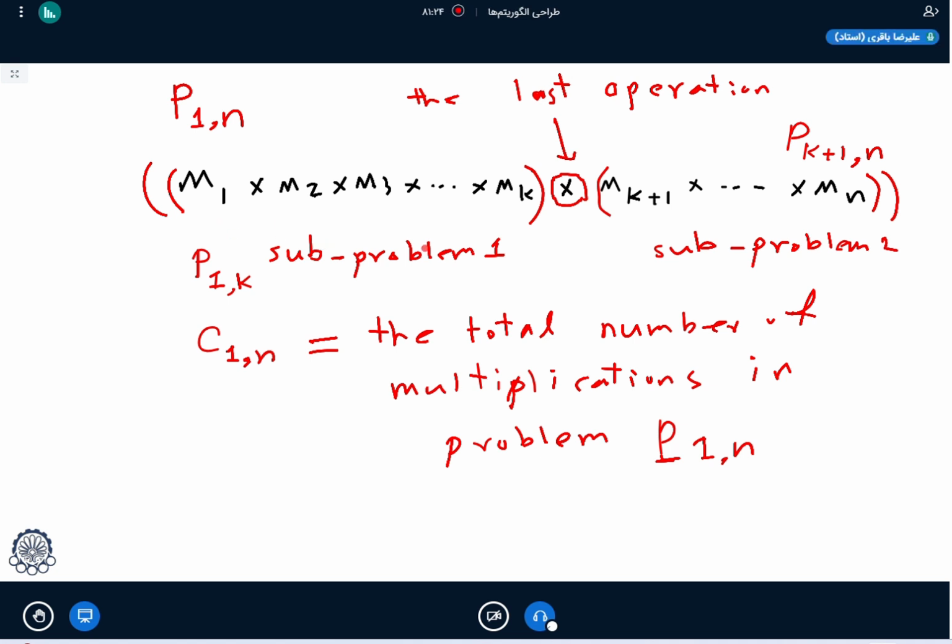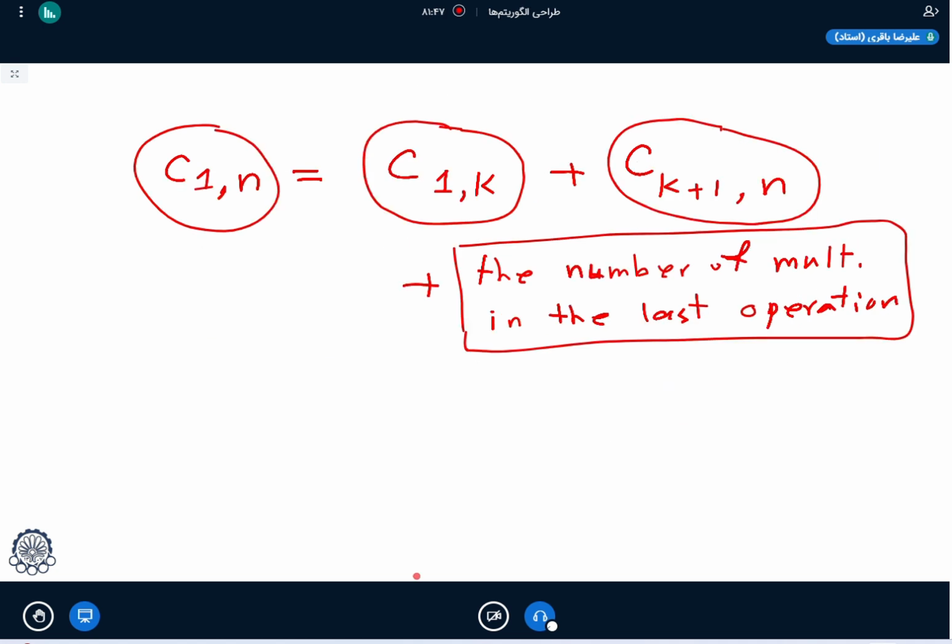Okay, the total number of multiplications that we have are the multiplications done during the left side plus the multiplications done during the right side plus the multiplications done during the last operation. This is the total number of multiplications. So we can write this relation.